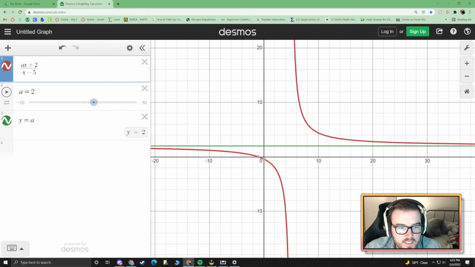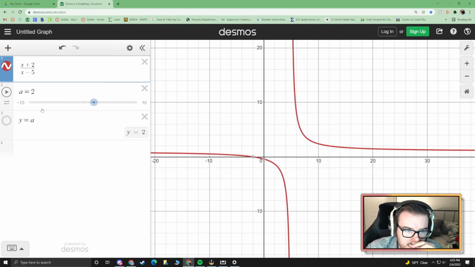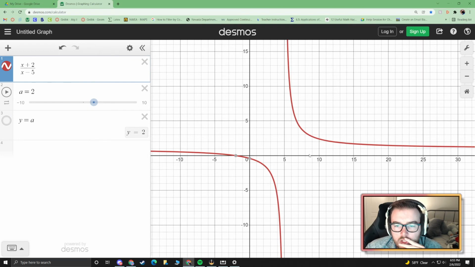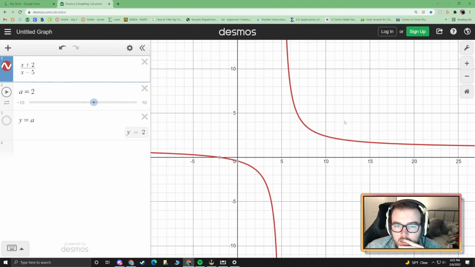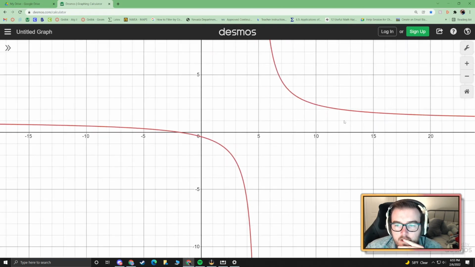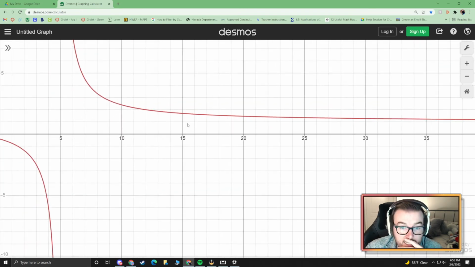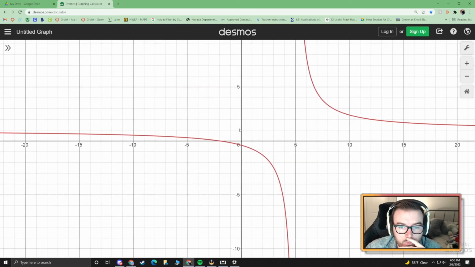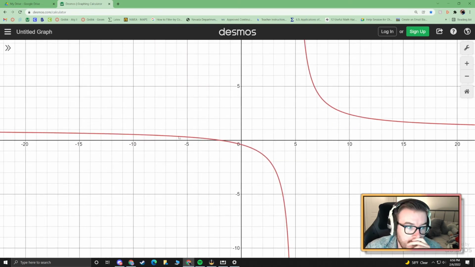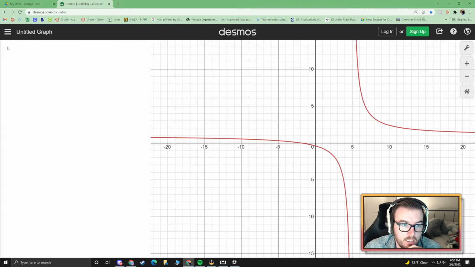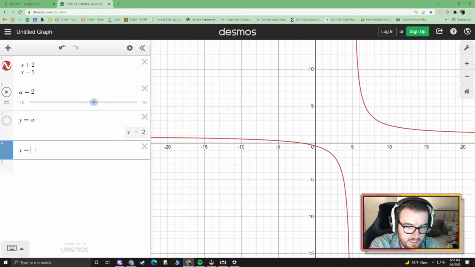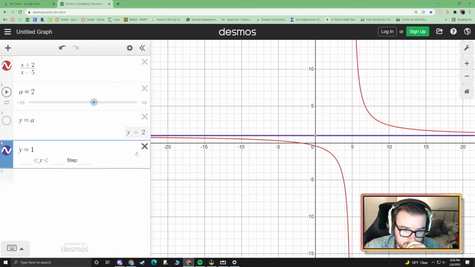If I get rid of this a, here's the original function. You can see over here to the right, it's approaching this gray horizontal line, correct? That is at 1. It's approaching y equals 1. And I could plot that if I'd like. See that?